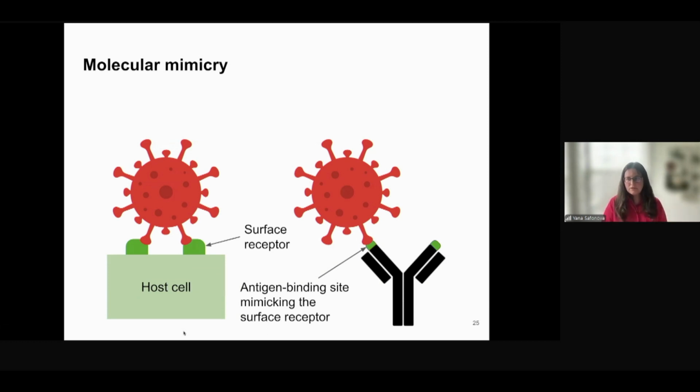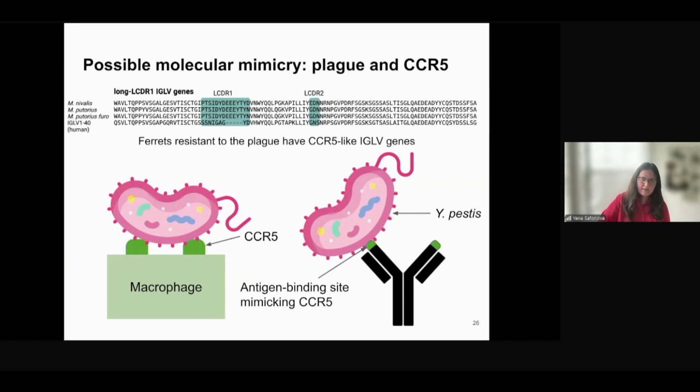This effect is known to take place in HIV-specific responses, but it also might be important for some other cases. And our case is about plague and ferrets and other carnivore species.